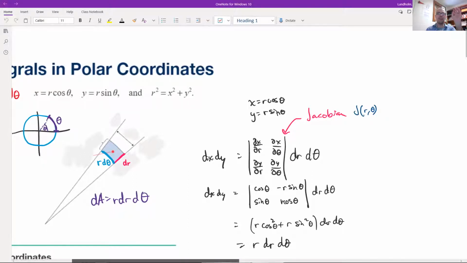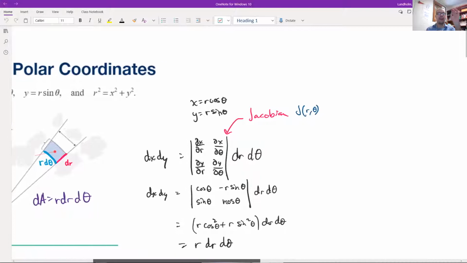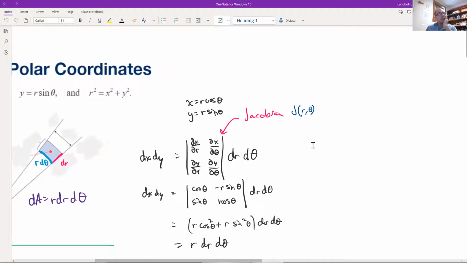But you might want to think about the Jacobian as the multivariable version of a derivative. It's a derivative between two differentials where we're changing coordinate systems, and we're changing variables even between those coordinate systems.